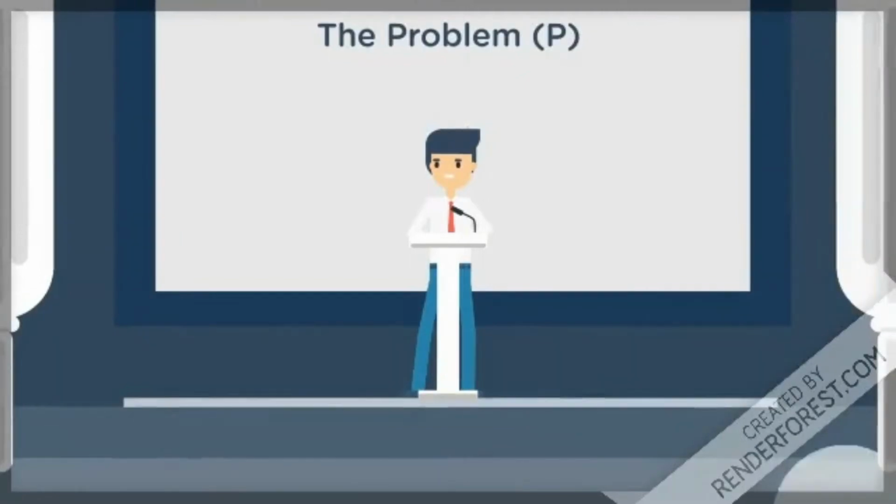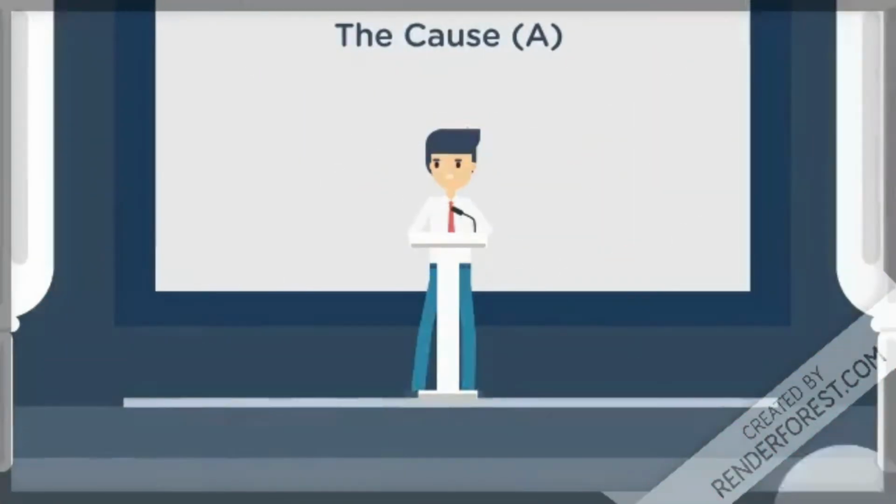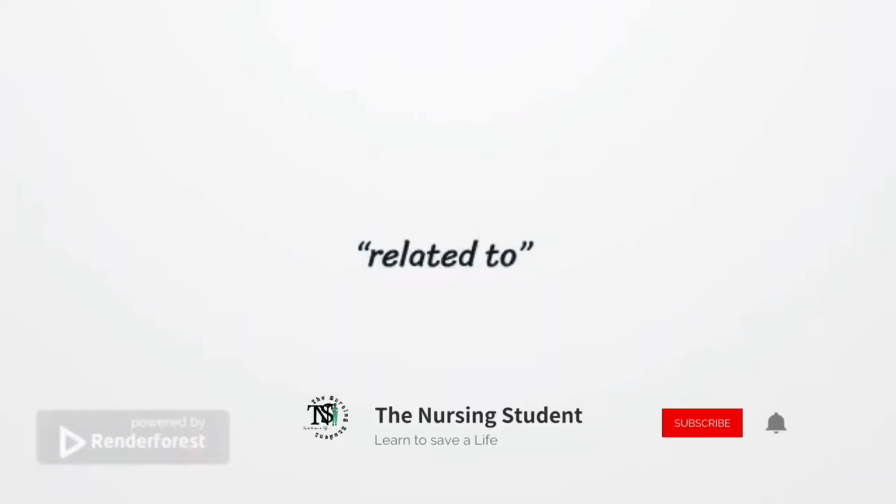Let's go to the next one, the cause or the etiology. The etiology is more like what is causing our problem. That is what is causing A. The one is the problem, the two is the etiology or the cause. So the etiology is what is causing the A or the one, which is the problem. So it has a conjunction, and that conjunction is related to. Related to.